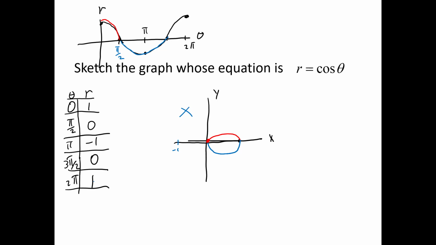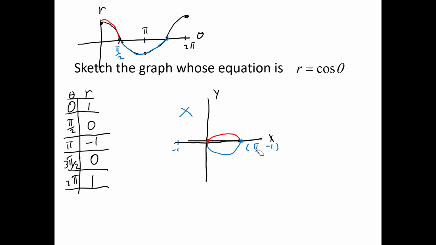Oh, I'm sorry. This last point right here corresponded to the coordinates of pi, negative 1.